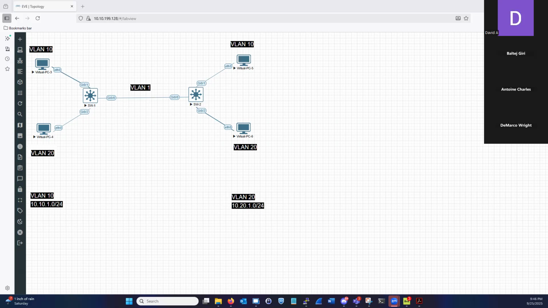Oh no, not every frame. It's just that if the switch is sensing that traffic is coming from that PC that is assigned to VLAN 10, then it's going to tag those frames as VLAN 10 traffic.